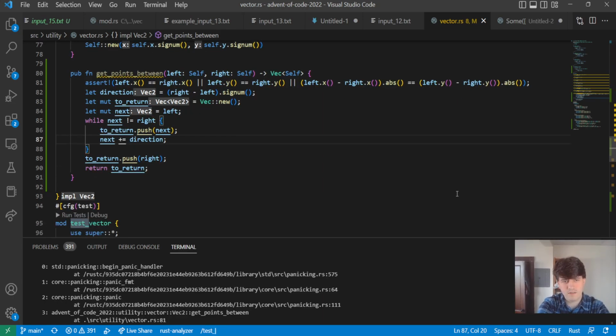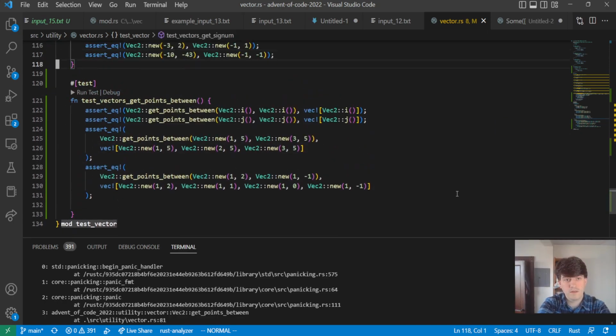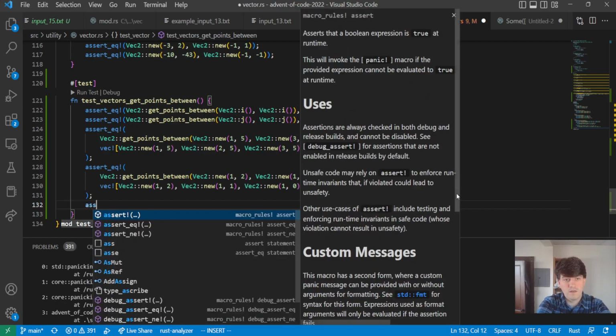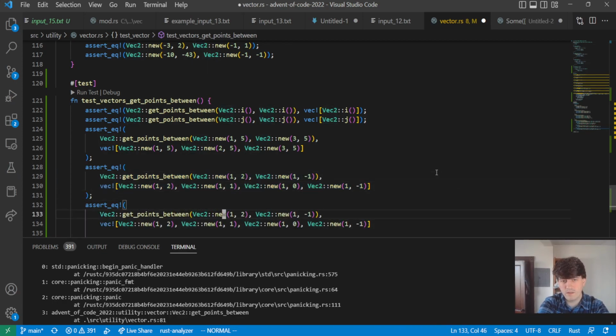Let's add a test. Let's say assert equal get points between 1, 2, and 3, 4. It's going to be 1, 2, 2, 3, 3, 4.